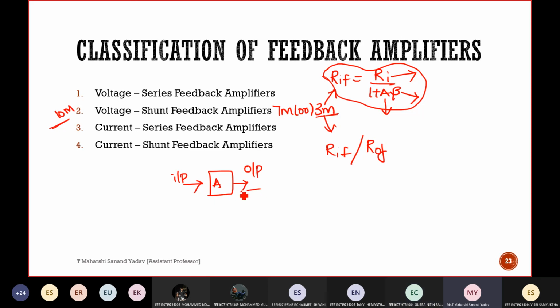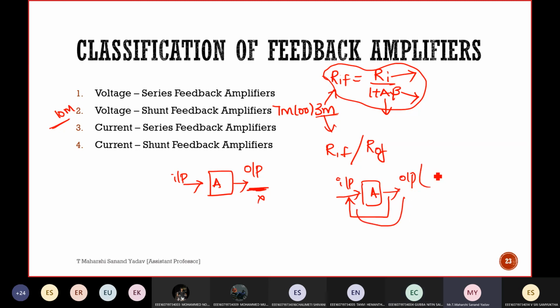Do you know how much output you are getting from here? No, sir. Whereas here, you can check how much output you got by means of feedback.